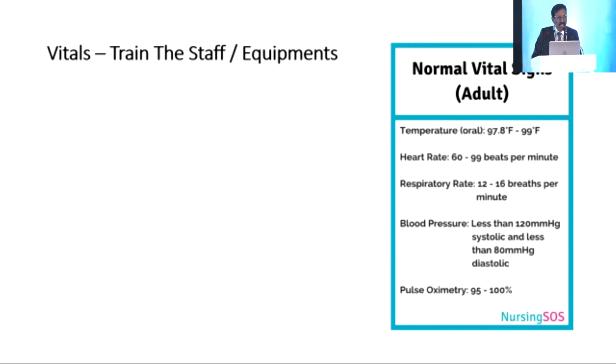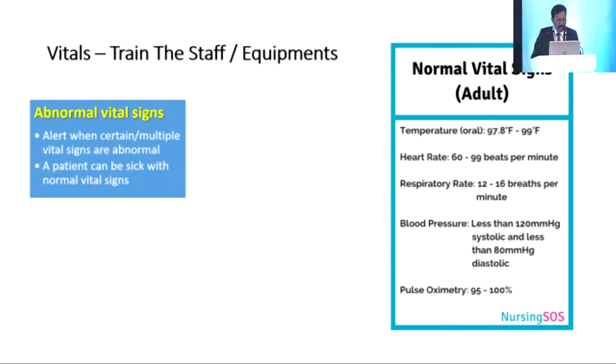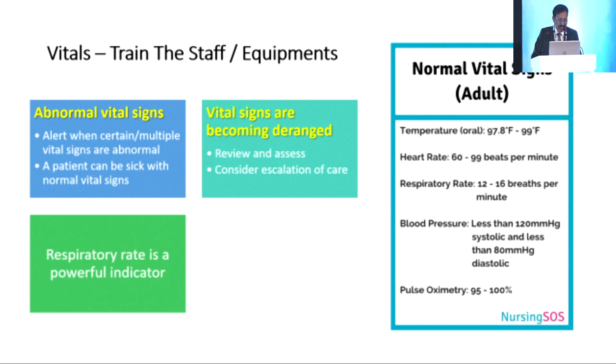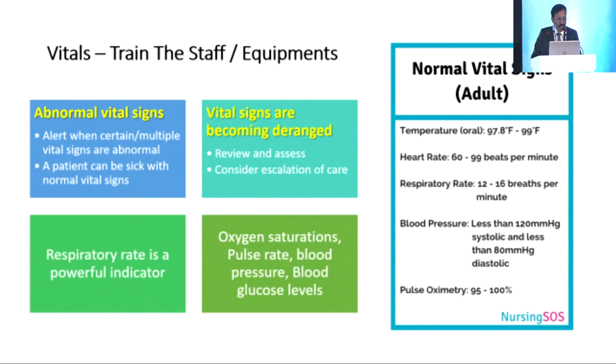We have to train our staff, because most of our staff are trained in optometry, as paramedical people, or as vision technicians. So we need to train them in identifying vital signs, the respiratory rate, and also noting the saturation rates.